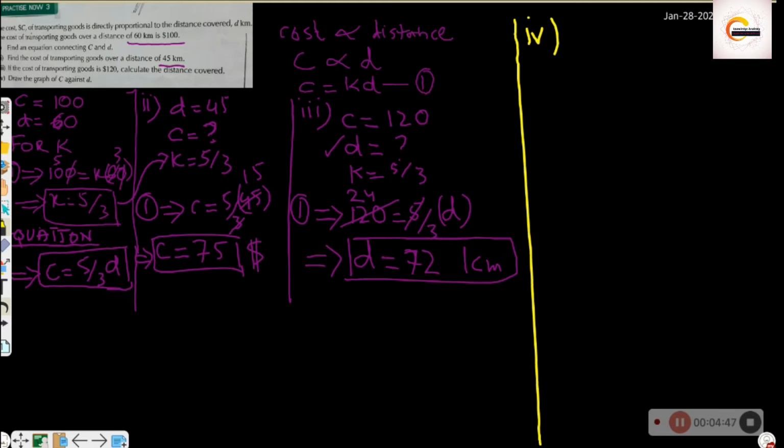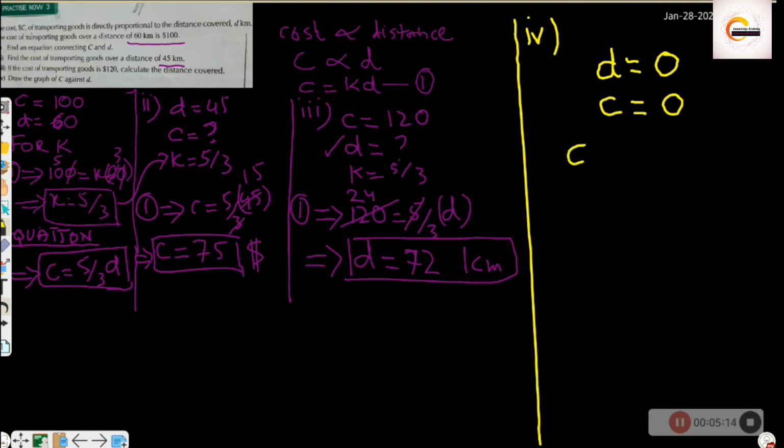If it reduces, the corresponding value must reduce, and if the independent variable becomes 0, the other must be 0. So here the independent variable is D, so if it is 0, our dependent variable will automatically be 0. We can prove this through our equation.